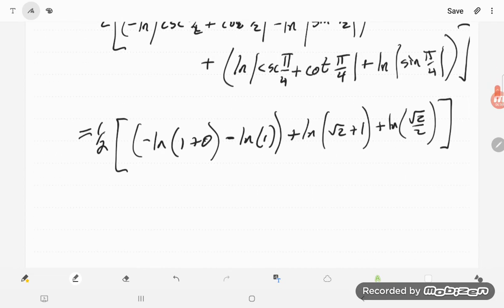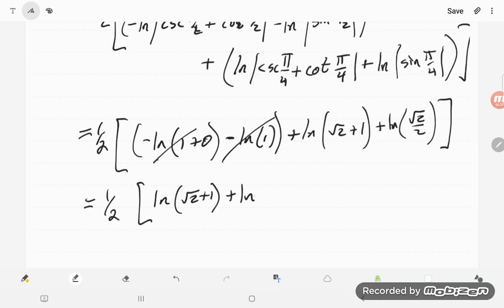And so finally this becomes 1/2, and again, we got a 0 there, we got a 0 there, so we just have log of the square root of 2 plus 1 plus the log of the square root of 2 over 2.